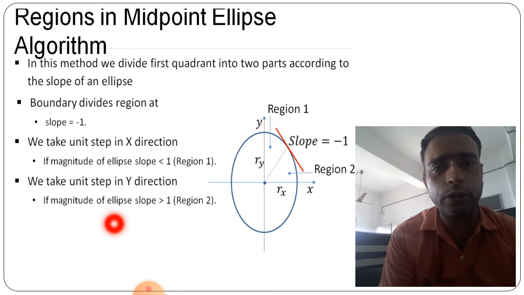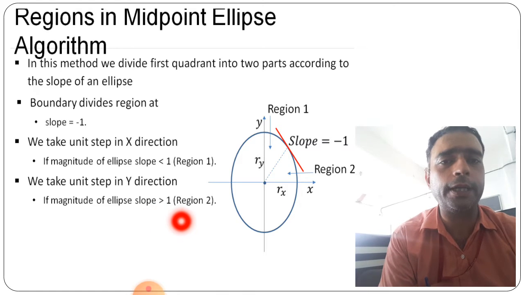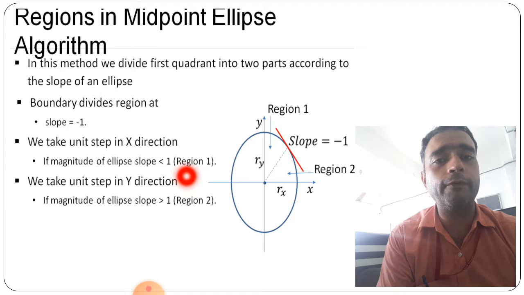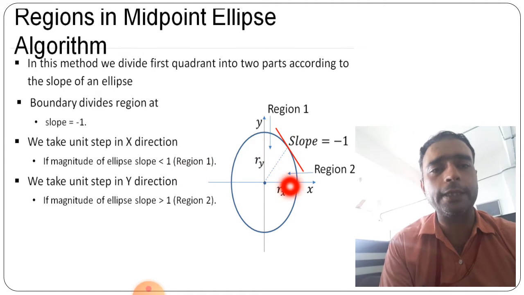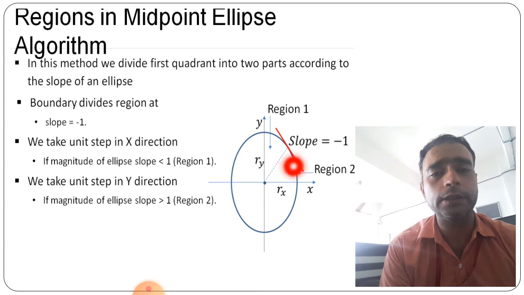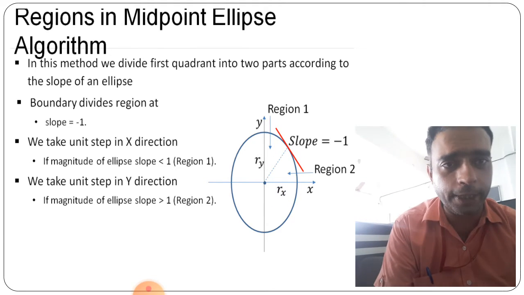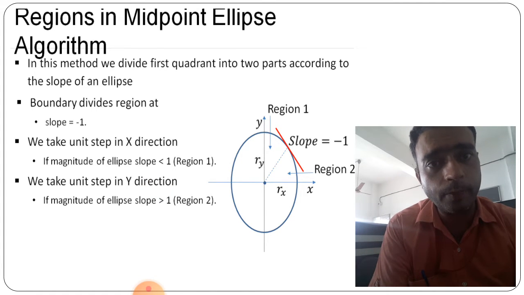If the magnitude of the ellipse slope is greater than 1, then we have to take region 2, and we take unit step in y direction. So here less than 1 will be region 1, this is the less than 1 part, and this is the more than 1 part, so that will be region 2, we can say.